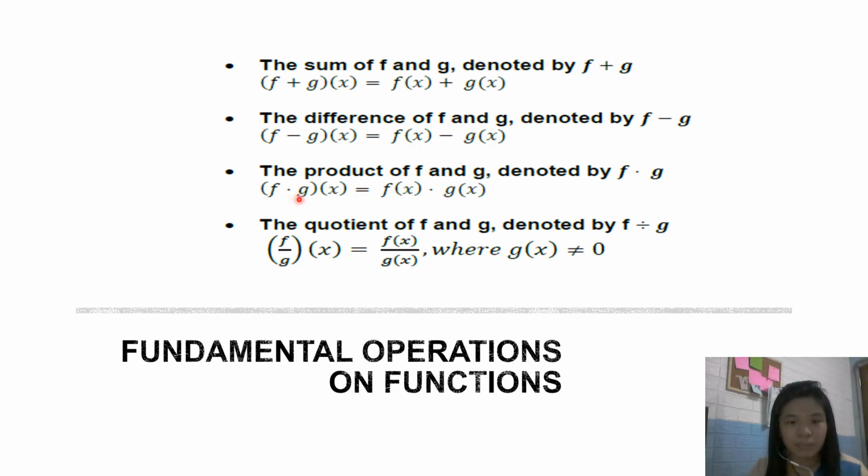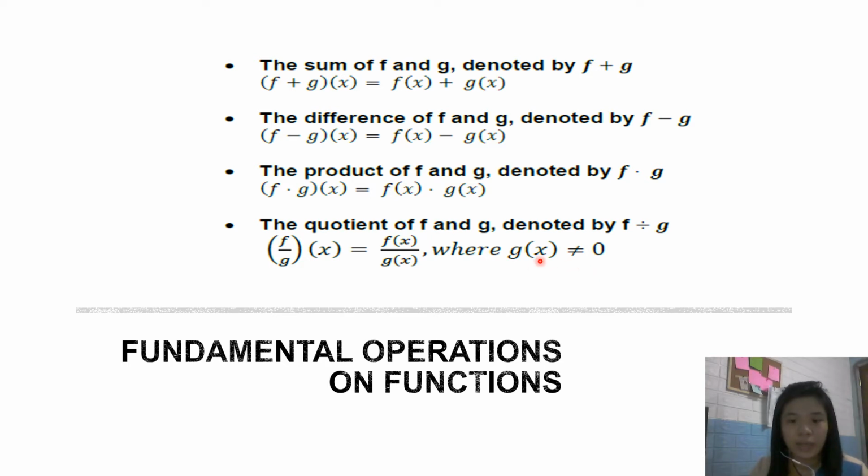For the product or multiplication, f multiplied by g of x is the same as f of x times g of x. And lastly, the division: f over g of x is the same as f of x over g of x, where g of x should not be equal to 0.